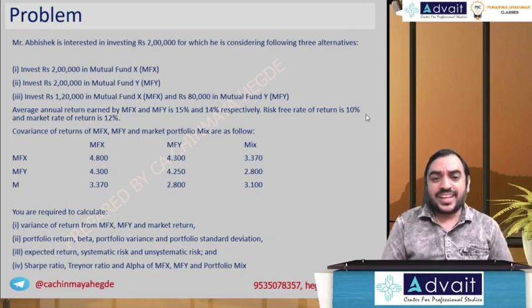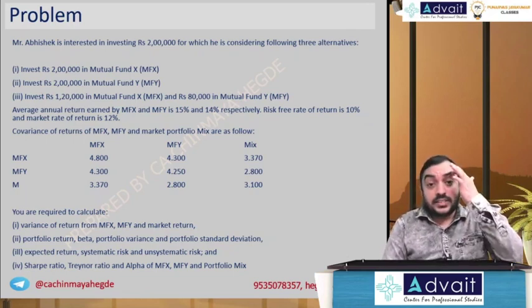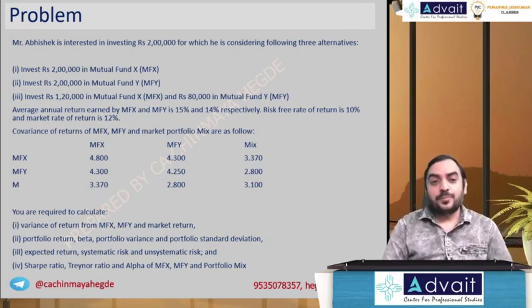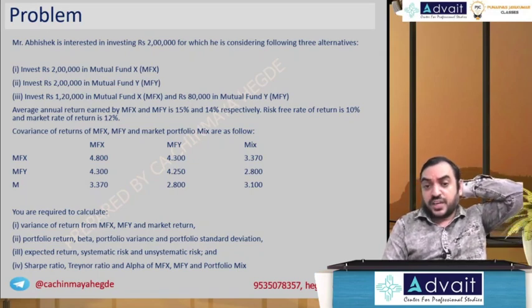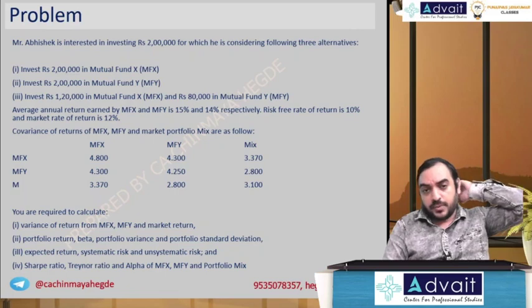Investing rupees 2 lakh in mutual fund X, investing rupees 2 lakh in mutual fund Y, investing rupees 1,20,000 in X and 80,000 in Y. Average annual returns earned by mutual fund X and Y are 15 and 14 respectively. Risk-free rate of return is 10% and market rate of return is 12%. Covariance of returns of X and Y and market portfolio are given below.